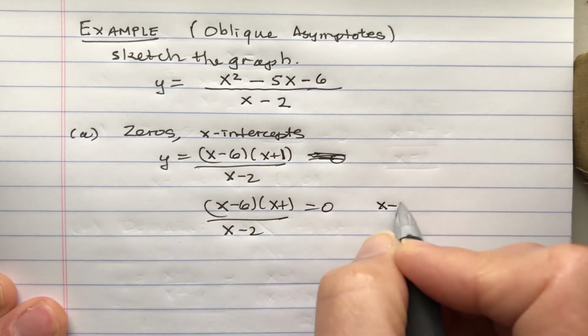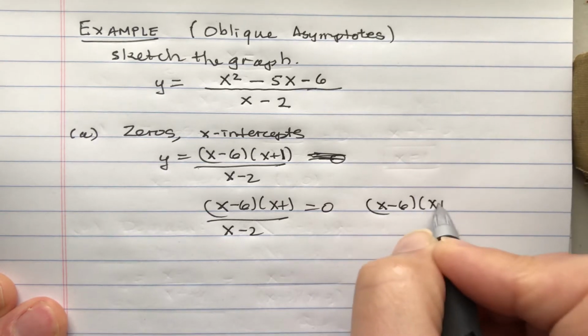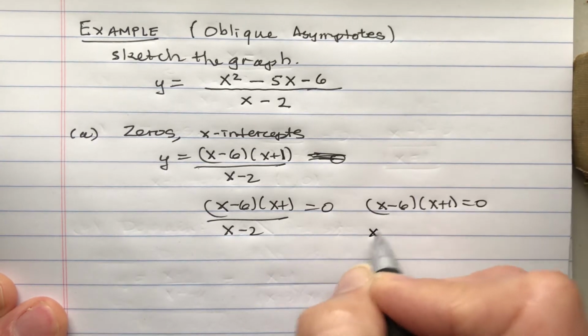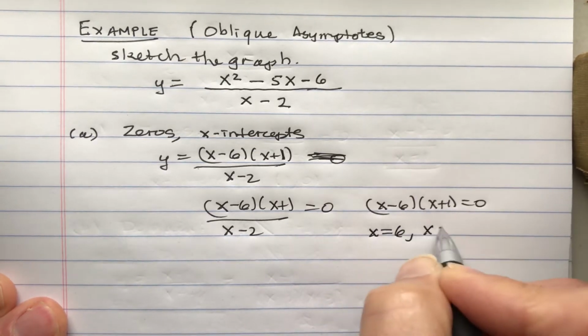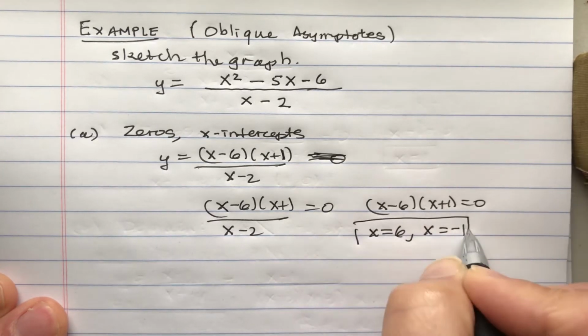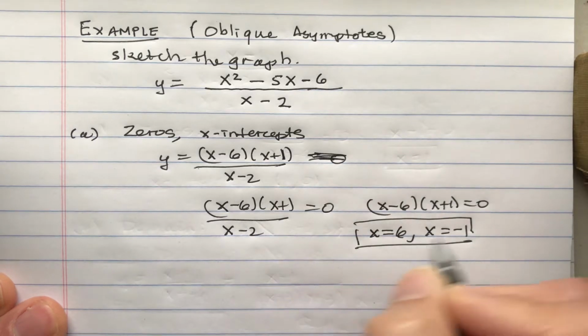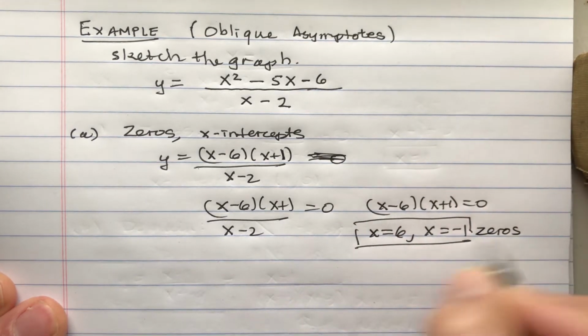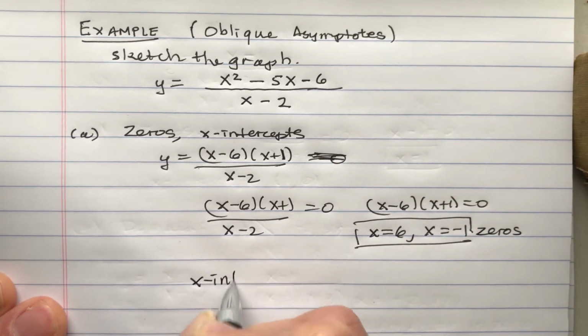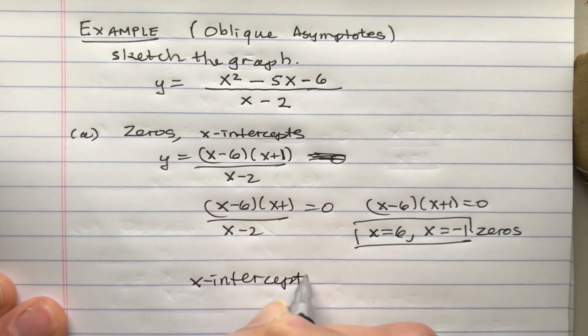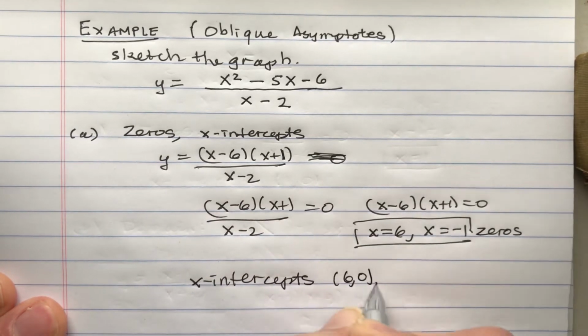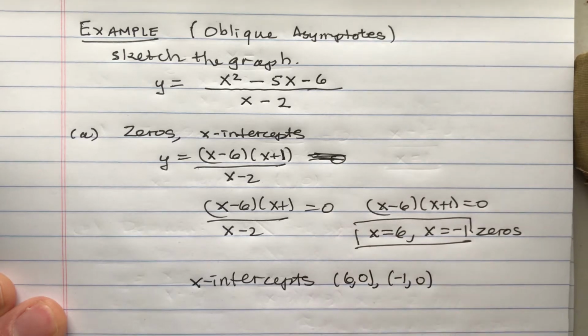So I get x minus 6, x plus 1 equals 0. So this gives x equals 6, x equals negative 1. Those are our zeros. The x-intercepts are 6, 0 and negative 1, 0.